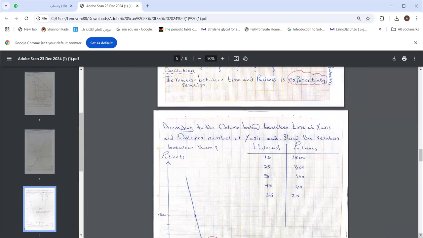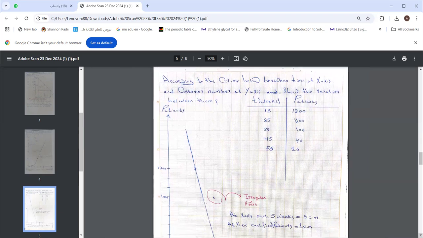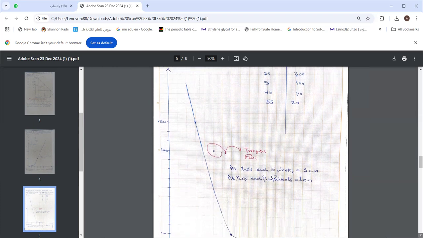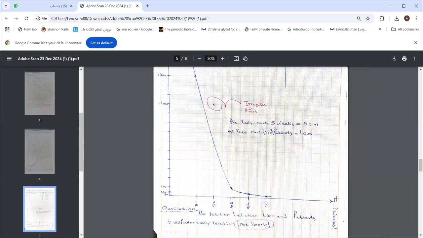According to the column below, here it's another example, but it's exponential, and its kind is decreasing from a high point to a low point, between weeks and patients. Here, every 2 centimeters equal 10 weeks, and every 1 centimeter equals 100 patients.